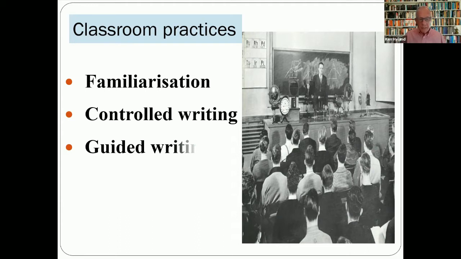Then there's guided writing where the students move on to imitate models, usually filling in gaps, completing text, writing parallel text. And then finally, there's free writing where students get to use the patterns they've learned to write an essay, a letter or report or whatever.